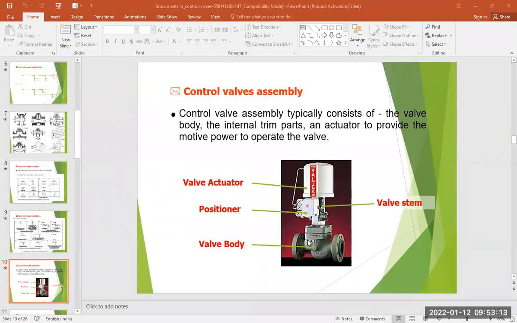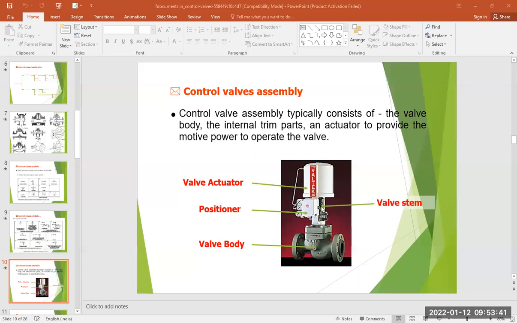Okay, so this valve body is connected to the positioner system, and another one is the valve stem. What is the valve stem? This valve stem is a self-contained valve which opens to admit different types of gas to a chamber, and then it automatically closes and keeps the pressure sealed in the chamber.